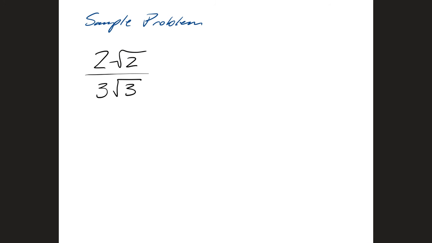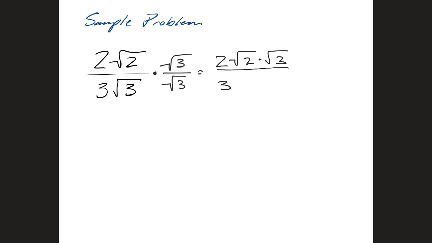This might look complicated, but if we just do the same thing we've been doing, and we understand how we can multiply square roots, we'll be fine. So I'm going to multiply the numerator times the square root of 3, and the denominator times the square root of 3. This is 1, okay? So we're going to rewrite our numerator as 2 times the square root of 2 times the square root of 3. And the denominator, I have 3 times the square root of 3 times the square root of 3.